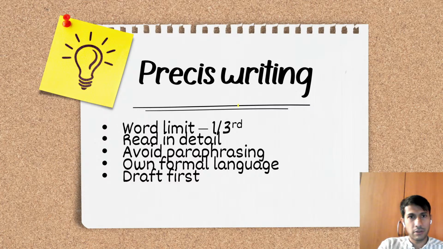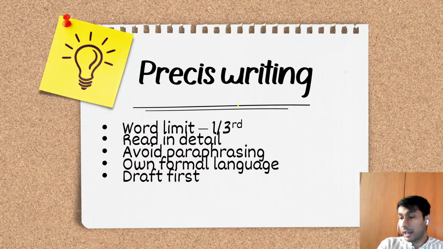Read the passage. You can read it multiple times because you do not have any time concerns. While reading multiple times, outline the core ideas in each paragraph. Here, examples, facts, statistics do not matter. The core ideas matter, and express those core ideas in your own formal language.